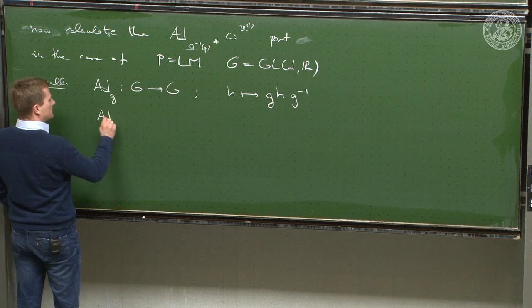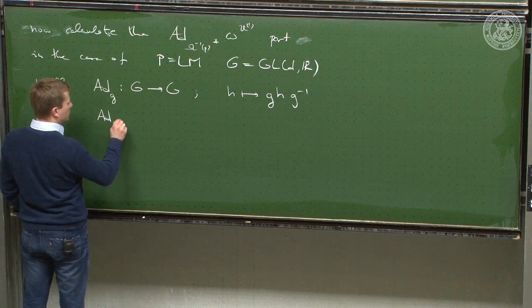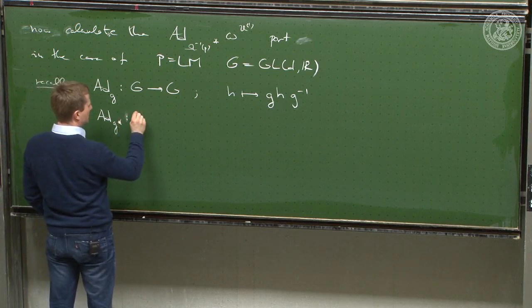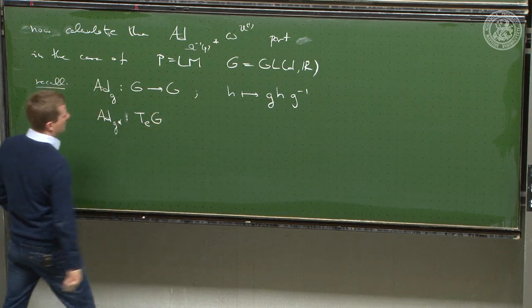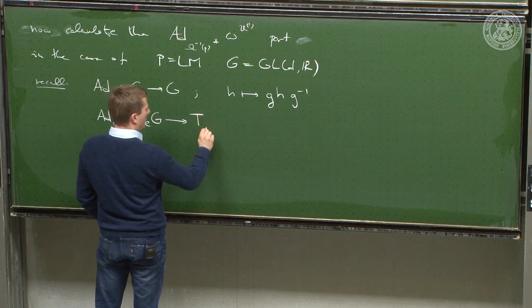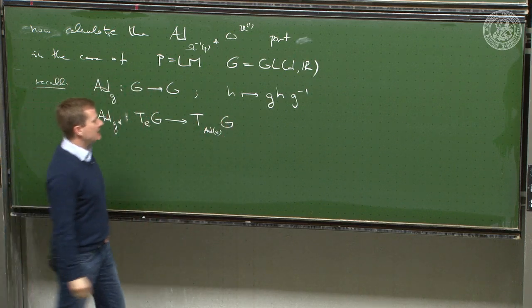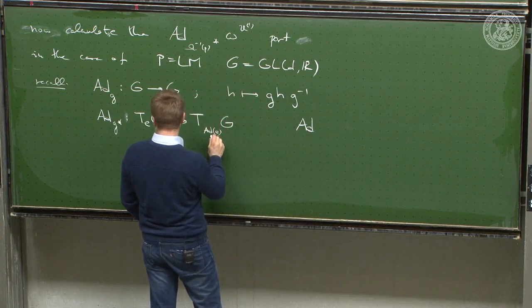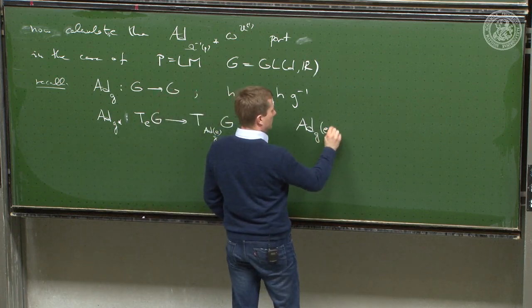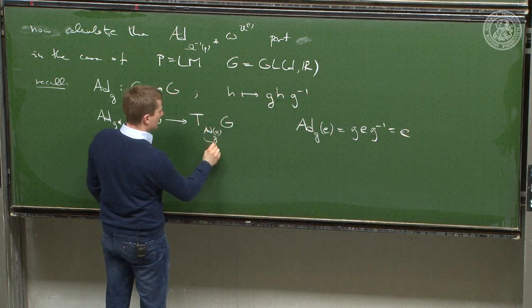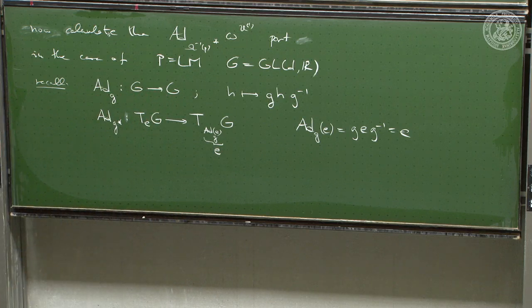And now we wish to figure out explicitly what the push forward is. And you see the Ad map had this interesting property that if you start here on T_eG, you're of course being sent to T at Ad_g of e, but Ad_g of e, g e g inverse, is again e, so this is again the Lie algebra you're mapping to.